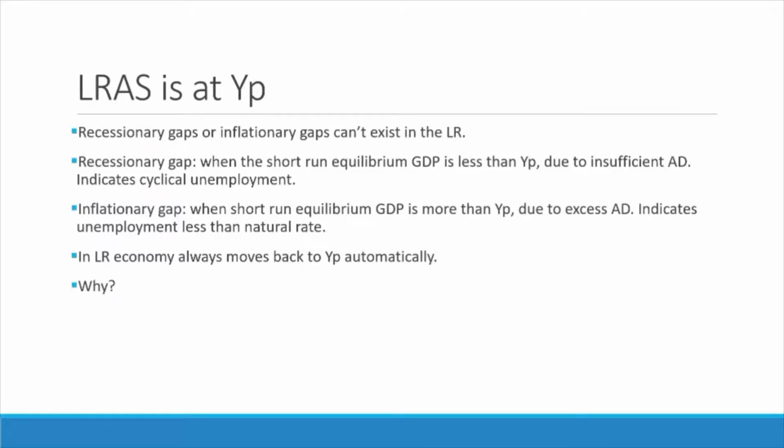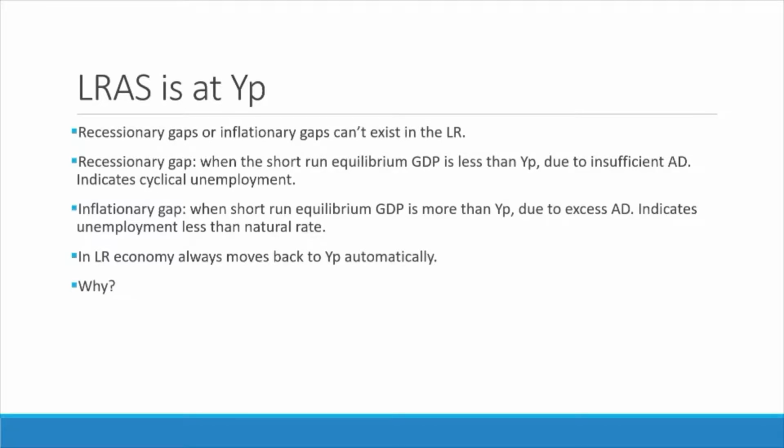This indicates cyclical unemployment, or unemployment greater than the natural rate. An inflationary gap is when short-run equilibrium GDP is more than YP due to excess aggregate demand. This indicates that unemployment is less than the natural rate.